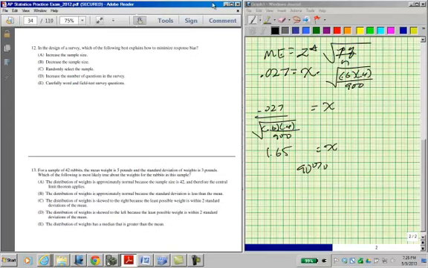Okay, now 13 is a question about the distribution of the data within the sample as opposed to the sampling distribution. So we look at A. It says distribution of weights is approximately normal because of the sample size.